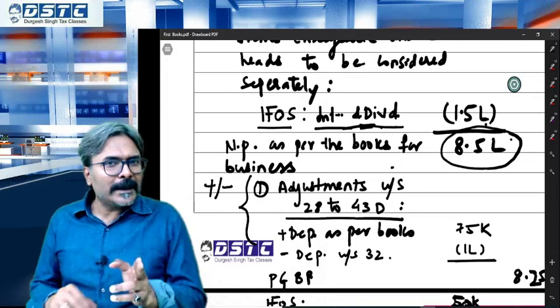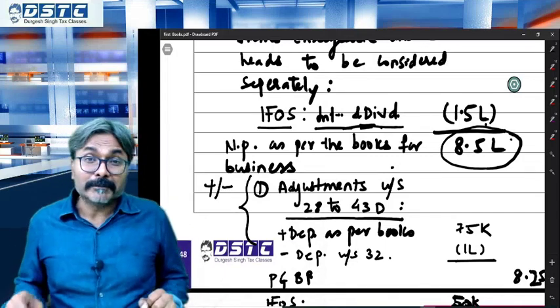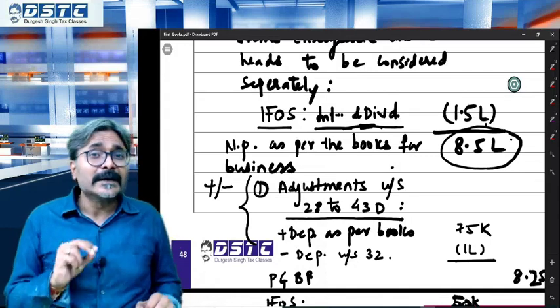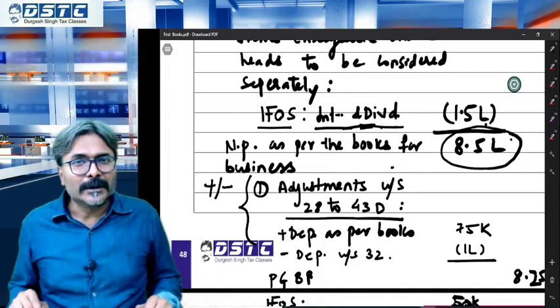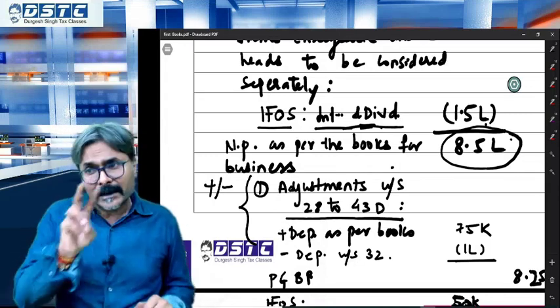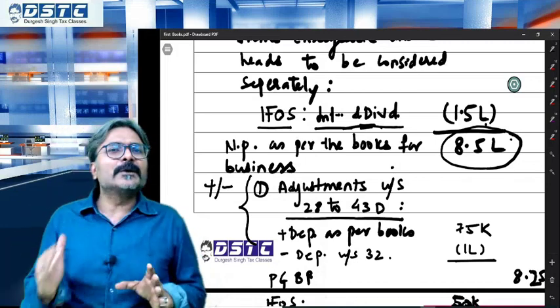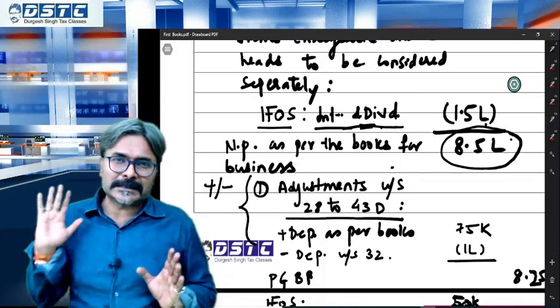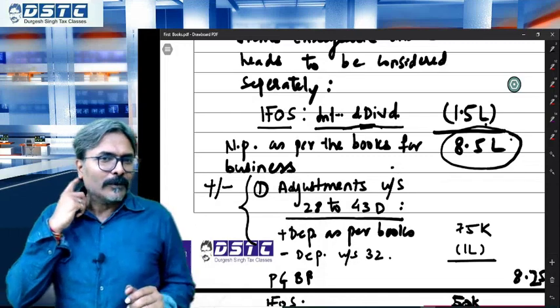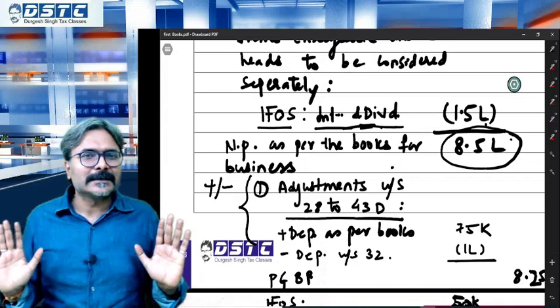Whereas in PGBP and the head IFOS, there is no actual computation we do. What we do in PGBP and IFOS is take the net profit as per books, and from that net profit as per books, we do the statutory adjustments. That's it.